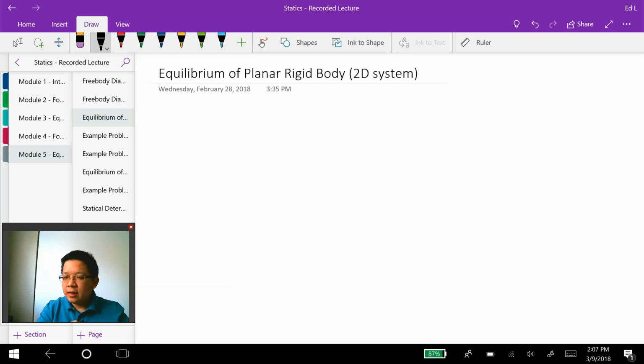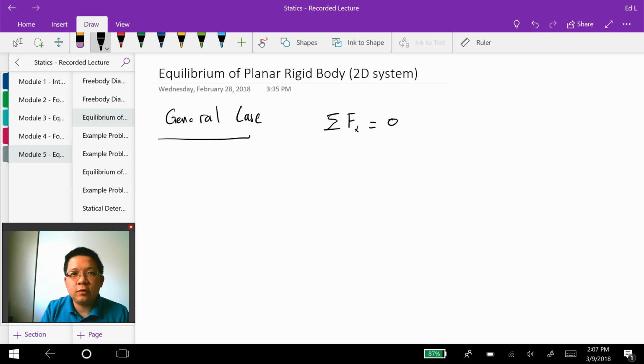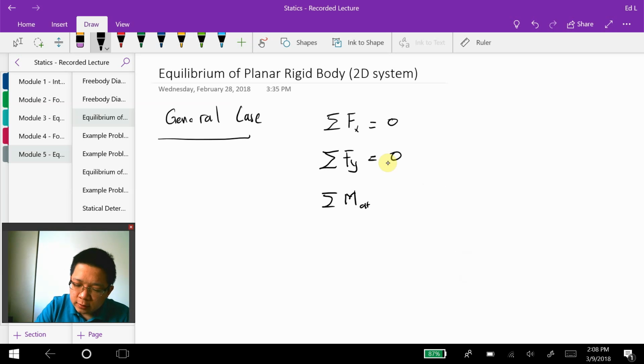Then let's start to formulate this. For the general case, there are three equilibrium equations. The first is the sum of the forces in the x direction equal to 0, then the sum of the forces in the y equal to 0, and the sum of the moment at any point equal to 0.